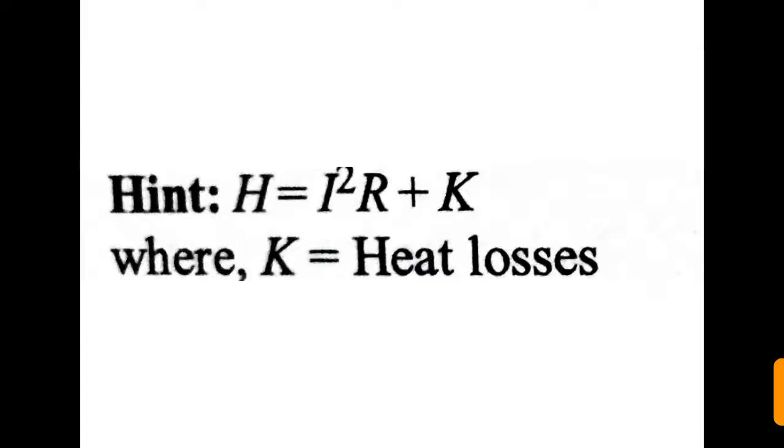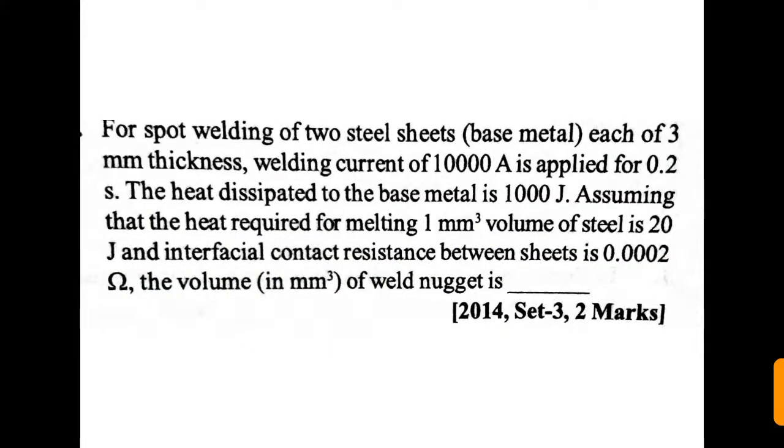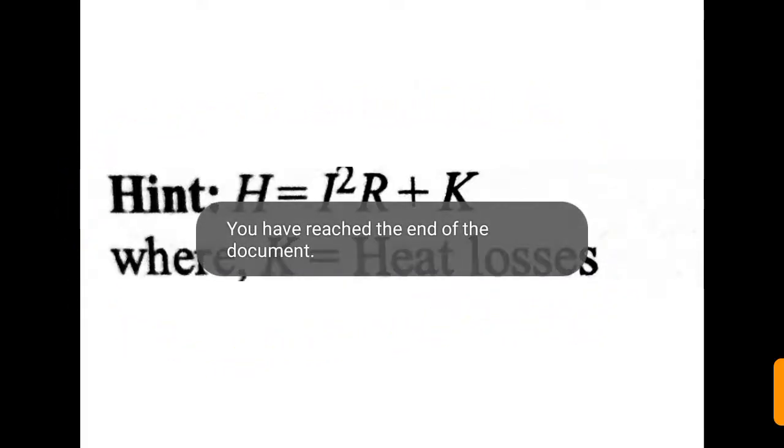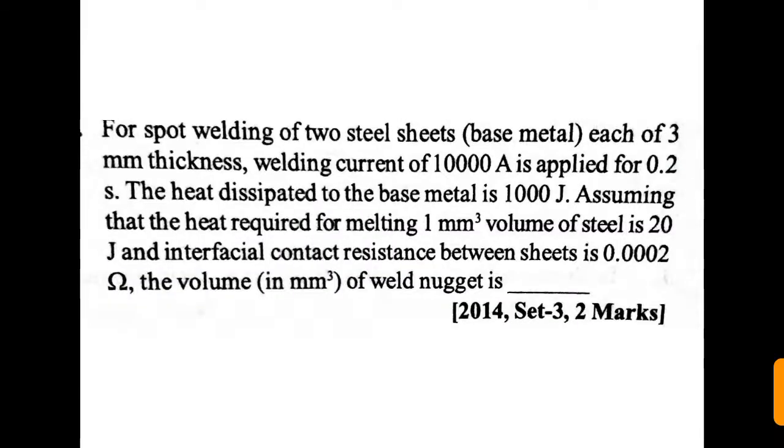By putting in all of these values we can calculate the value of K, and then we can simply put K equal to the mass of the nugget times the latent heat of fusion, and after calculating the mass we can calculate the volume of weld nugget. So that's how we can solve this question. Remember this formula, it is very helpful for solving this type of question. I hope you understood all of these questions, and this question was asked in the 2014 Set 3 GATE paper.